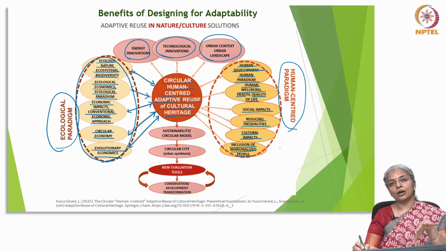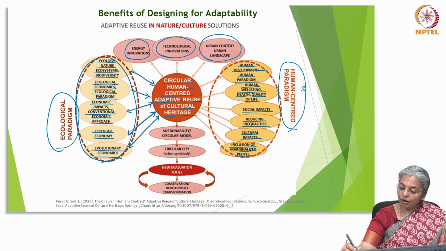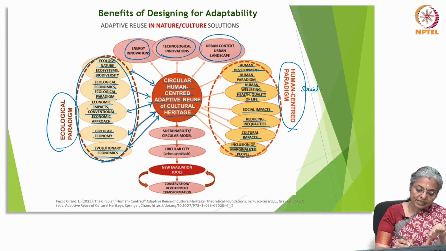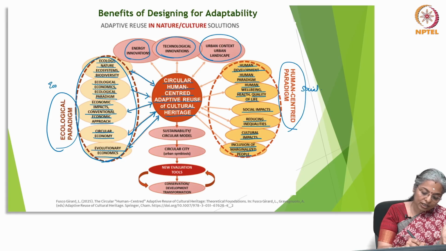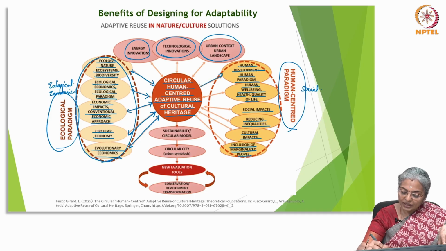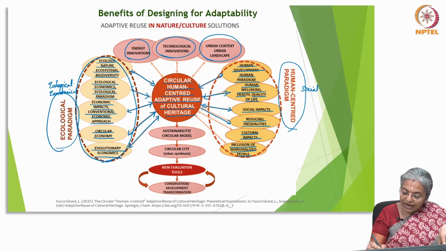So, these are all the social or human centered paradigm, whereas here it is ecological as well as economical aspects. So, all of these must be considered when we are looking at adaptive reuse of cultural heritage.